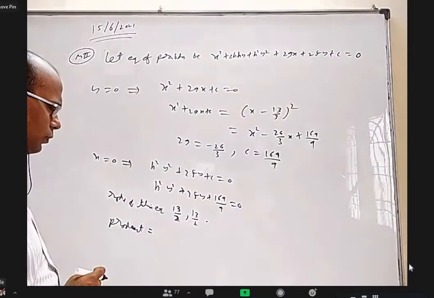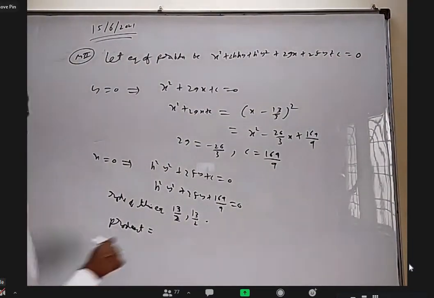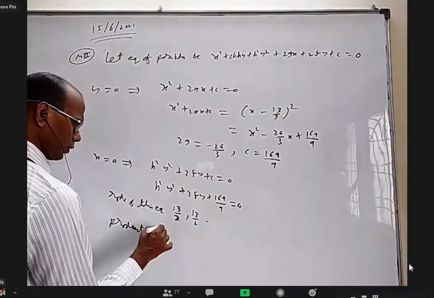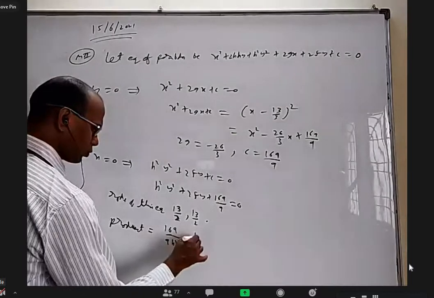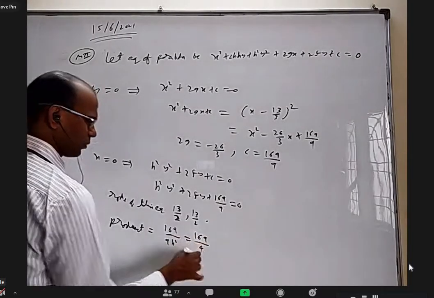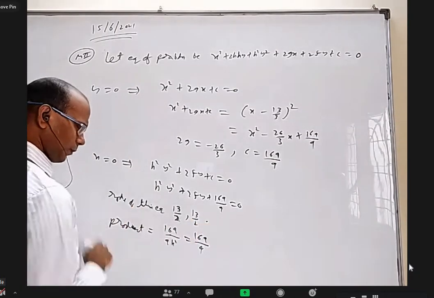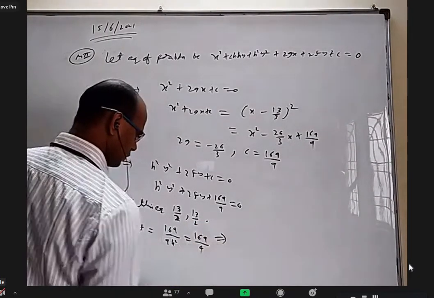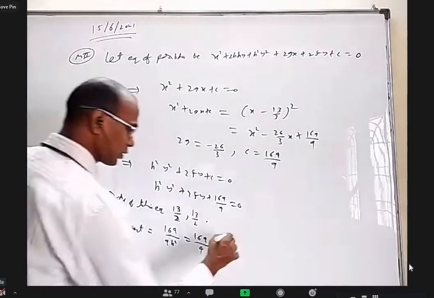I can say that also. Okay. If I take the product, 169 by 9 h square should be the same as 169 by 4, because these two are the product, c by a. So from this, 169 will cancel. 9 h square equal to 4. h square equal to 4 by 9.